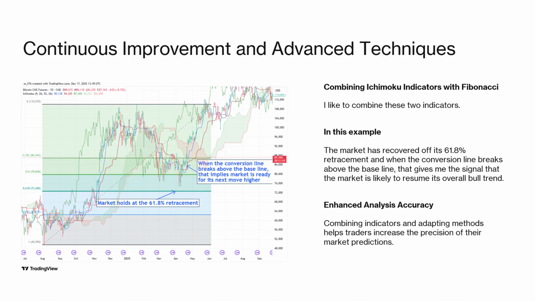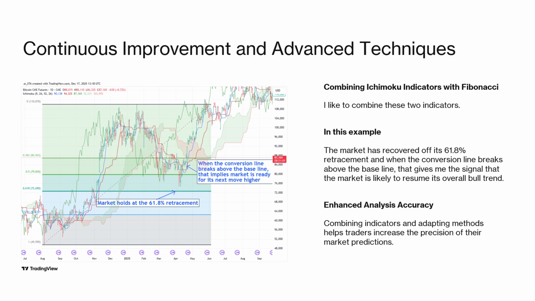I personally quite like to use the Ichimoku cloud system together with Fibonacci retracements. So in this particular example, we saw that in early 2025, the market was starting to retrace, and in April, the market held above its 61.8% retracement.